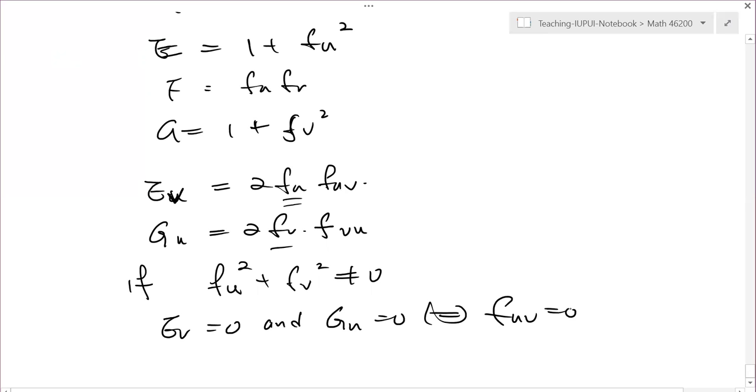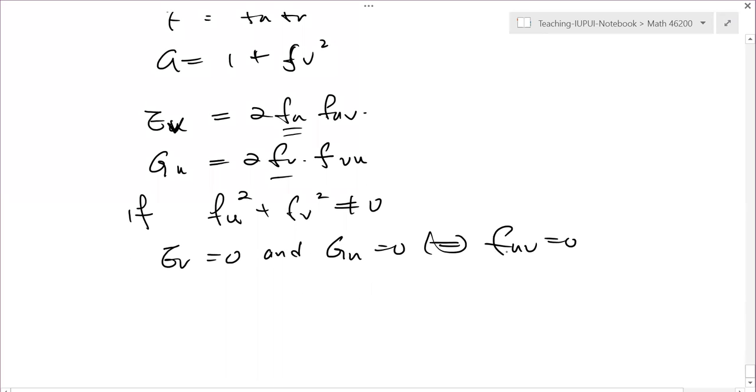Now, what kind of function has this partial derivative equal to 0? So you find examples among the graphs that satisfy this condition. Can you solve f_UV = 0? Then f_U is going to be a function of U, lambda of U, right?